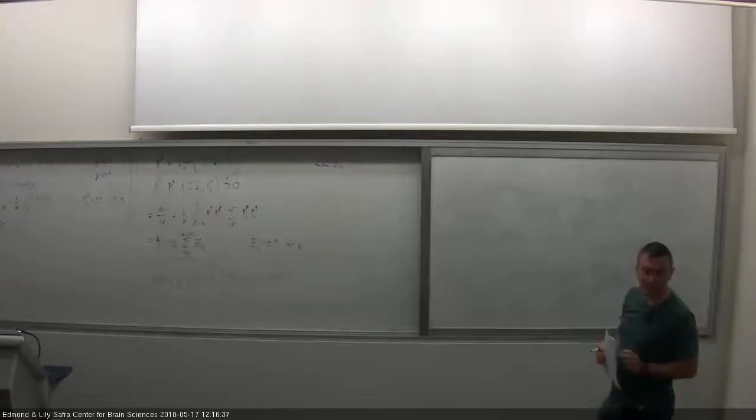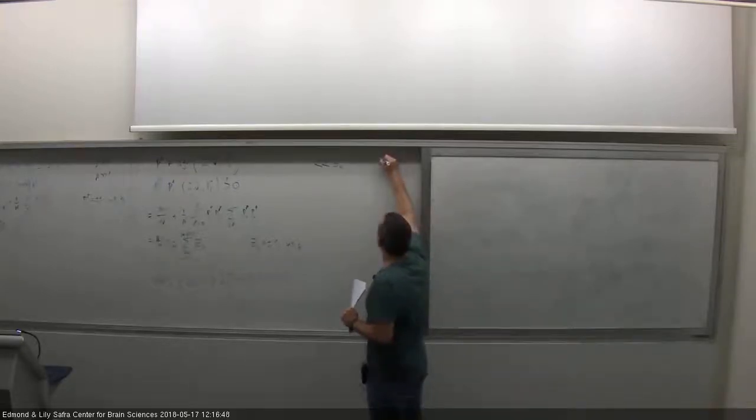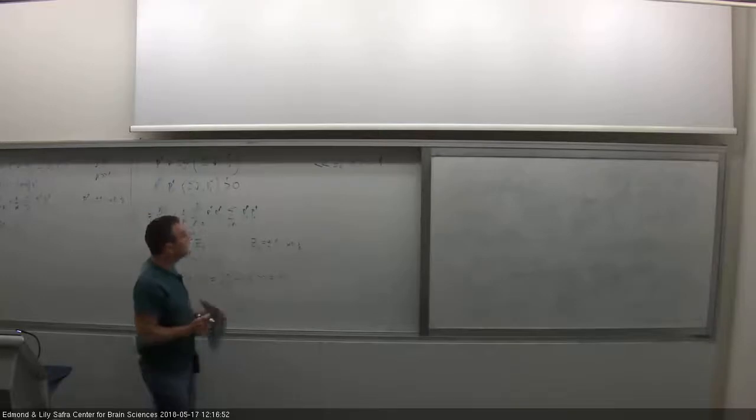So zk is plus or minus 1 with a probability 1/2. So what's the variance of zk? 1. So what's the variance of this term?